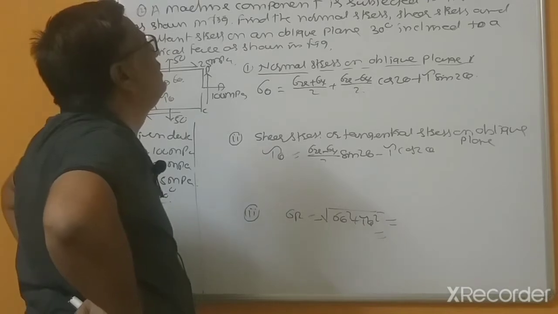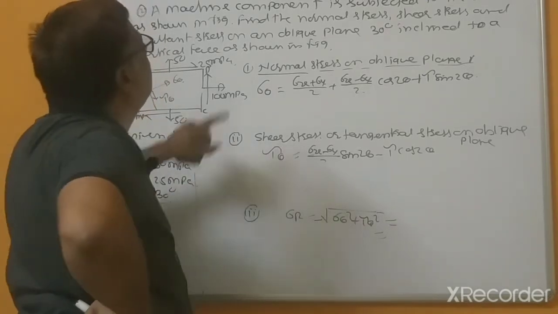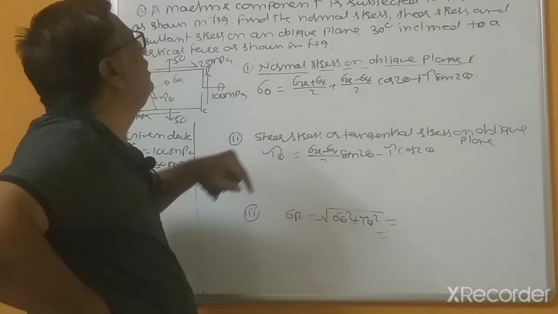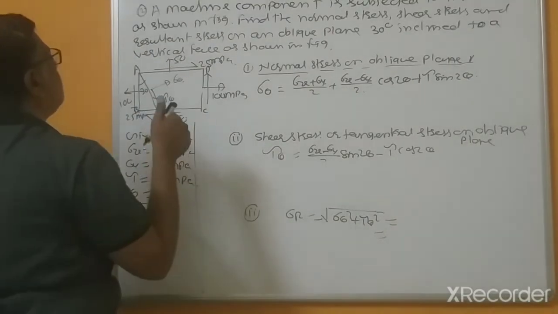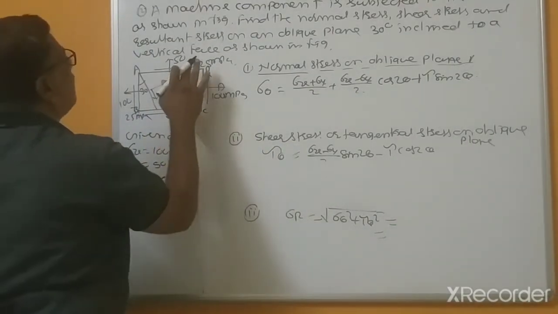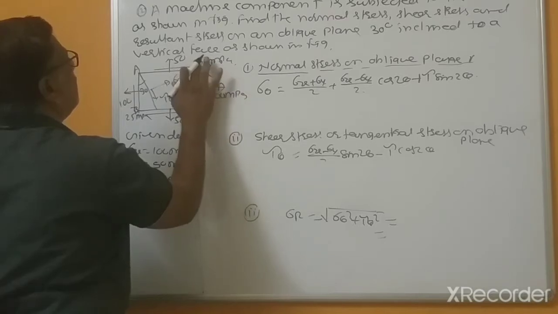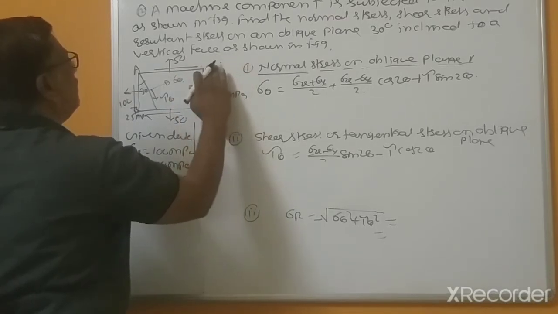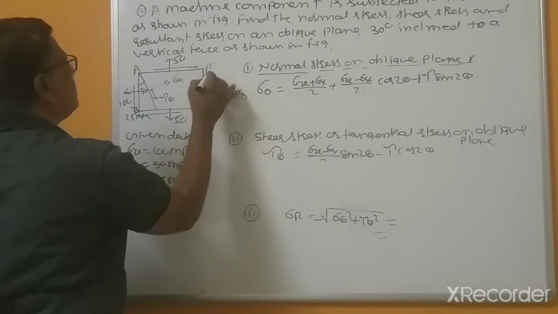Find the normal stress, shear stress and the resultant stress on an oblique plane 30 degree inclined to a vertical face. So now we are changing these directions.